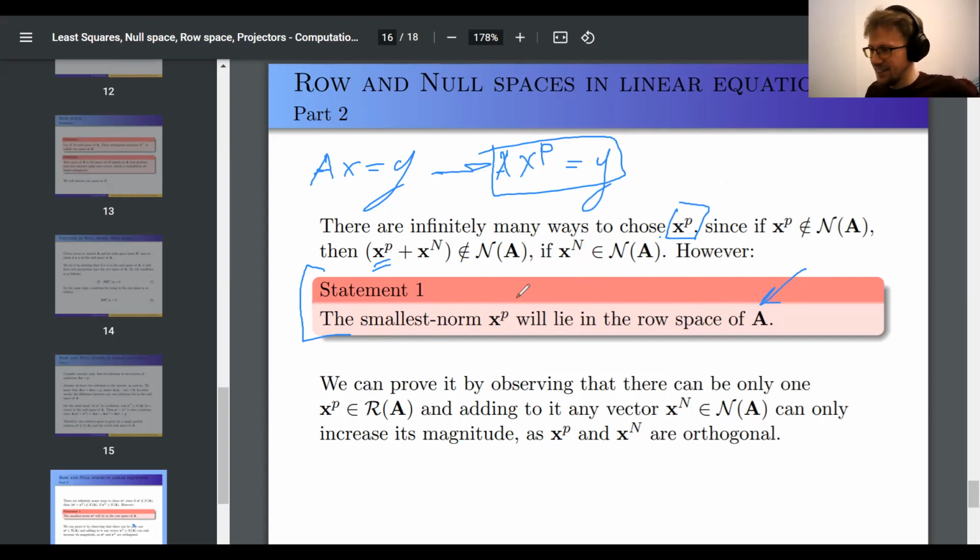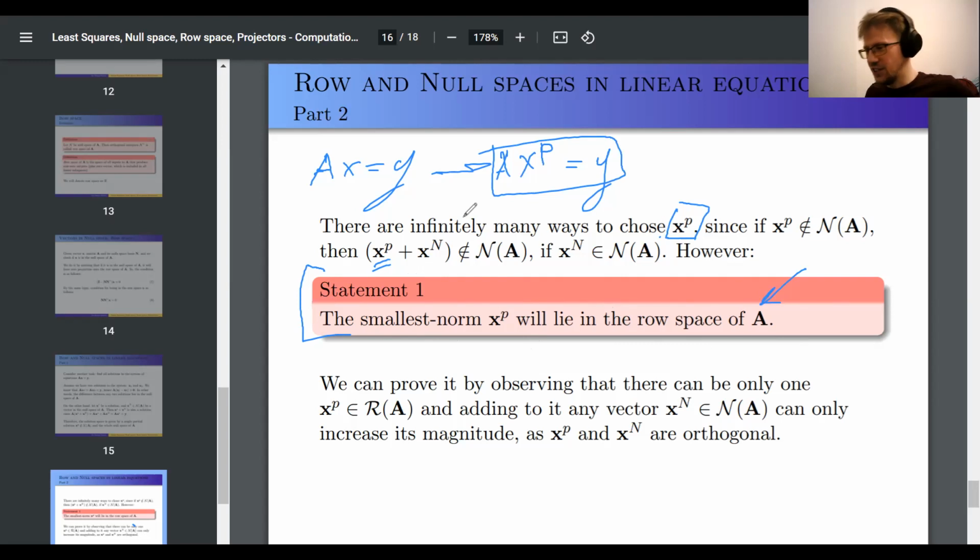And that is a powerful statement, that the smallest norm partial solution lies in the row space. For example, it means that the row space will contain only one solution to this equation.